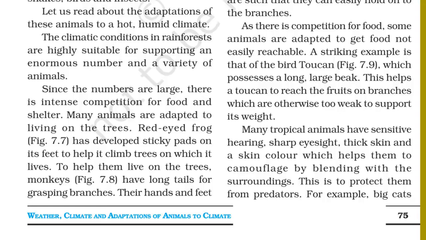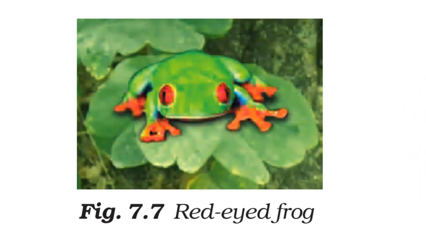So there is a great competition for food and shelter since the number of animals is high. Some animals are adapted to living on trees. Let's see this animal, which is a red-eye frog.